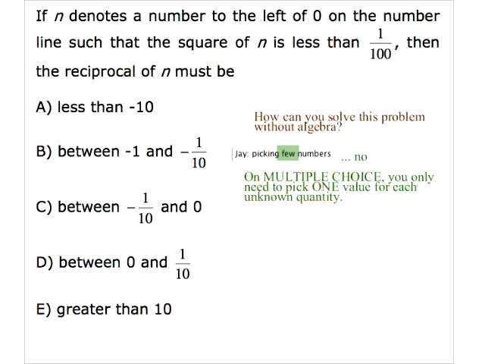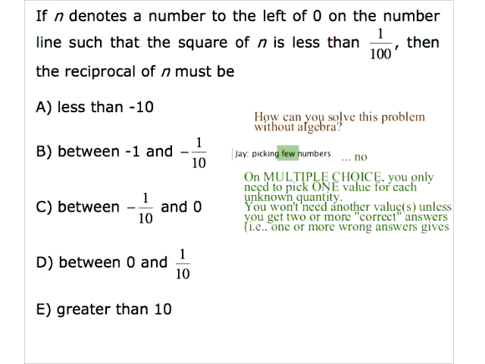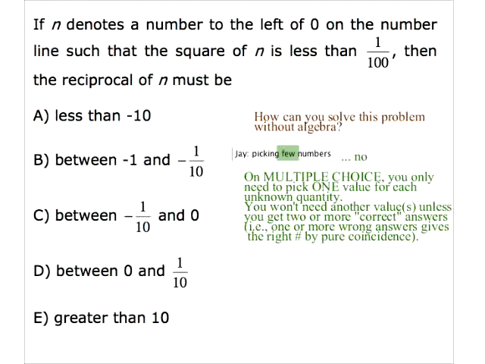You won't need another value unless you get two or more correct answers, meaning one or more wrong answers gives the right number by pure coincidence. That can happen. It's a rare event, kind of a black swan sort of event, but it can happen. So make sure you know that's a possibility.